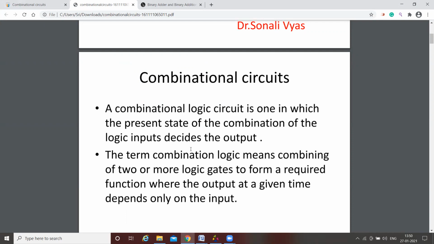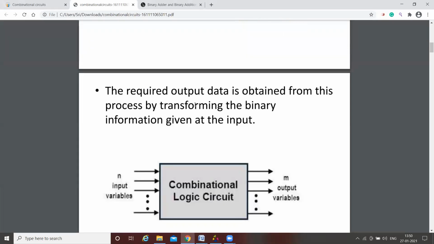The term combinational logic means combining two or more logic gates to form a required function, where the output at a given time depends only on the input. The required output data is obtained from this process by transforming the binary information given at input.